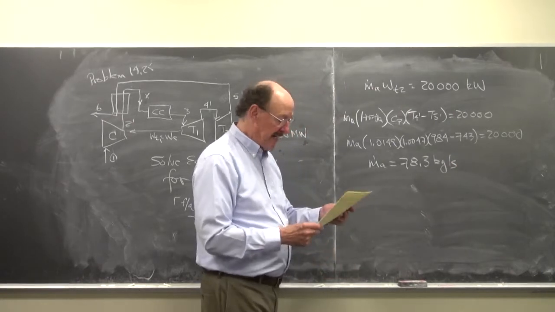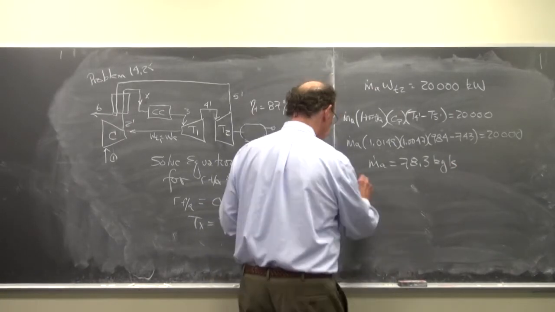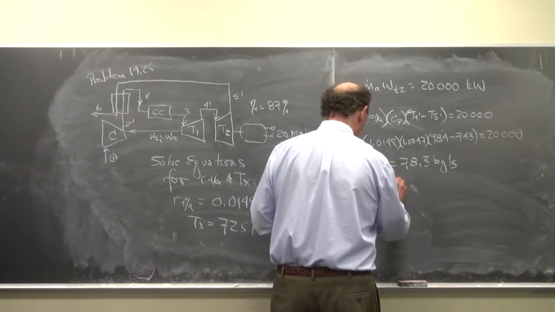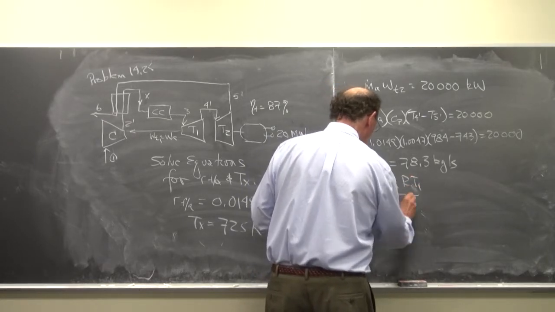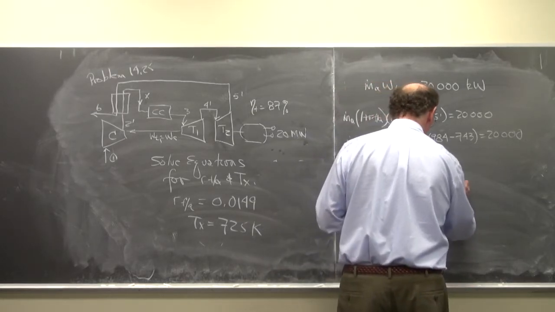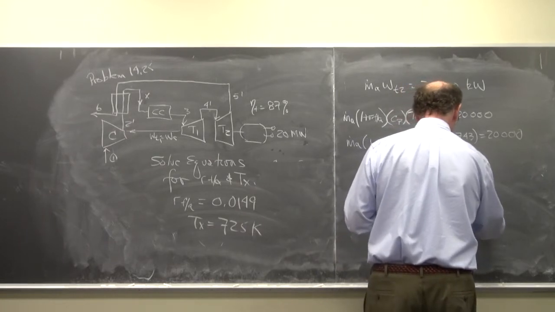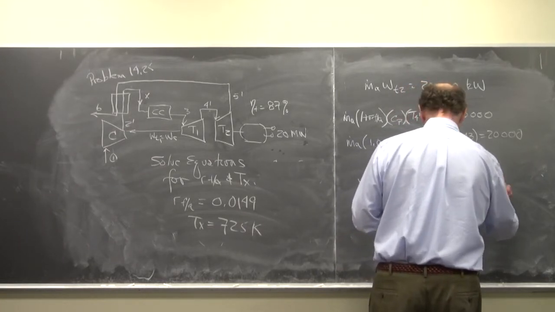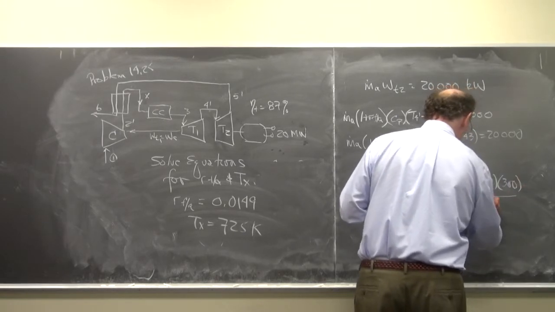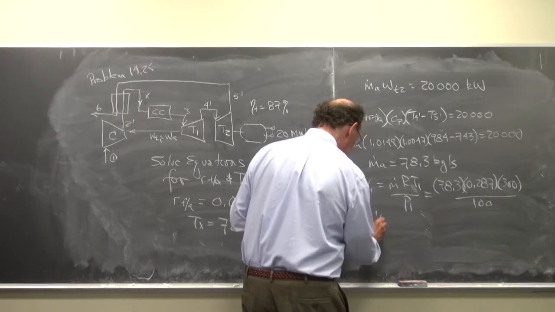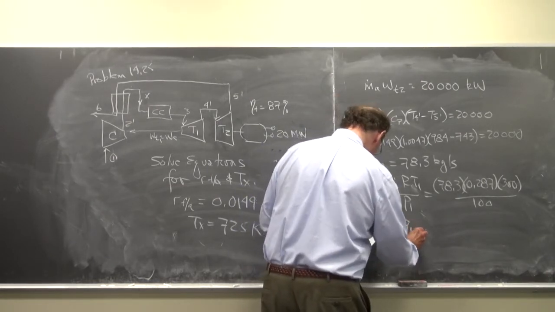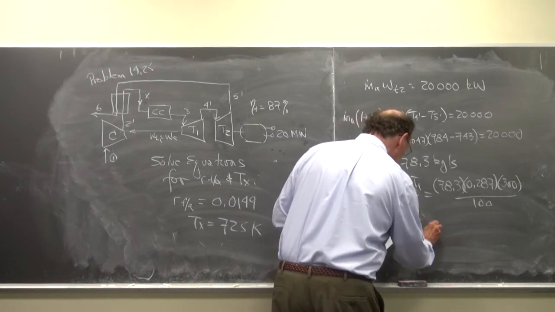And I can find the volume flow rate. V dot 1 is equal to m dot R T1 over P1, which is 78.3 times 0.287 times 300 divided by 100. And we'll see that the volume flow rate is significant. It's 67.4 cubic meters per second.